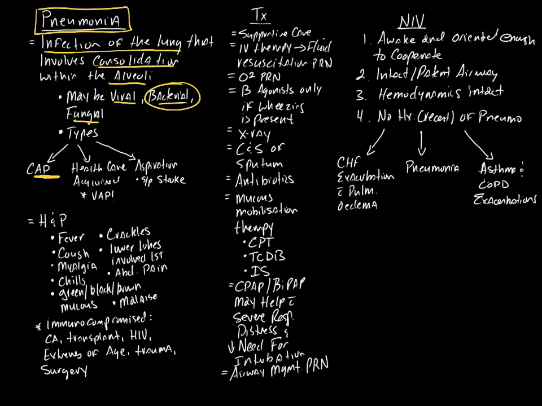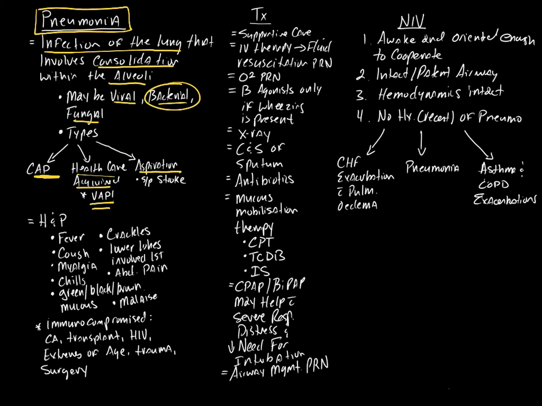There's also healthcare-acquired pneumonia, and a subset of that is VAP, or ventilator-associated pneumonia. And then there is, of course, aspiration pneumonia, or pneumonitis, which results from the aspiration of gastric contents, okay? And each of these are a little different.